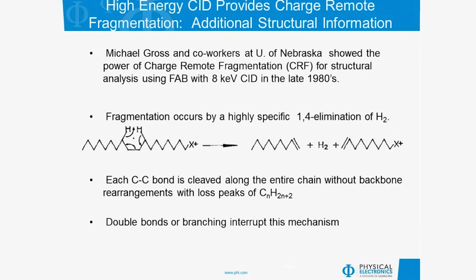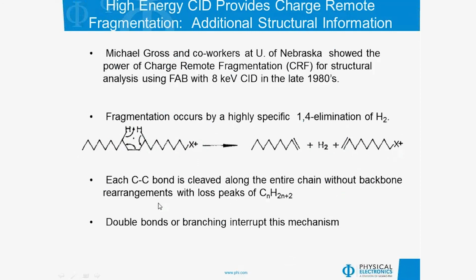And basically, when you have a long chain hydrocarbon, this unusual fragmentation occurs remote from the charge site. So if the charge site is some functional group here, like carboxylic acid or amide, the fragmentation happens in the hydrocarbon, and you get hydrogen elimination and the forming of a neutral and the fragment ion shown here.